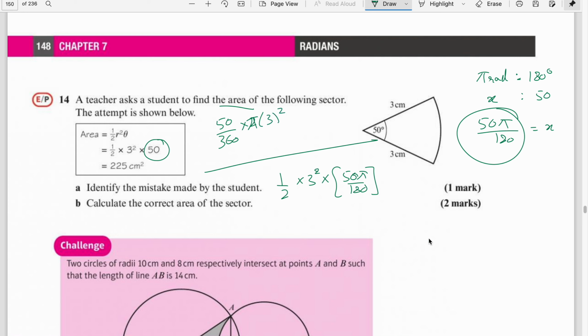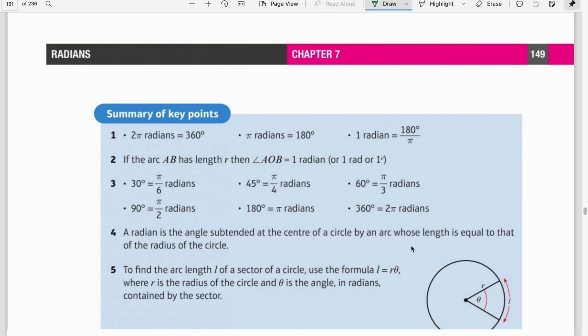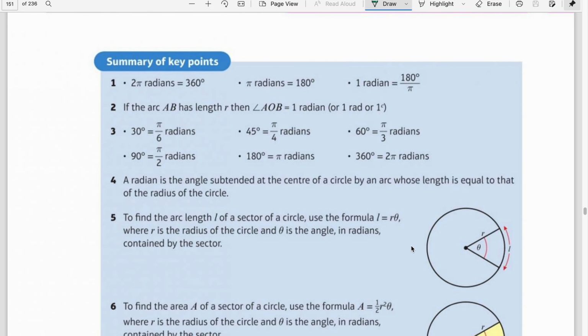So we can use any of these. And that is 3.926 centimeters square, or in the exact form 5 by 4 pi. Chapter complete.